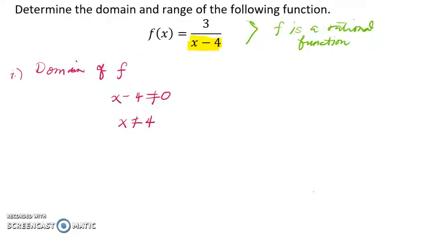That means this particular function allows all x except 4. So the domain of this function, which we denote by D sub f, is all x such that x is not equal to 4.